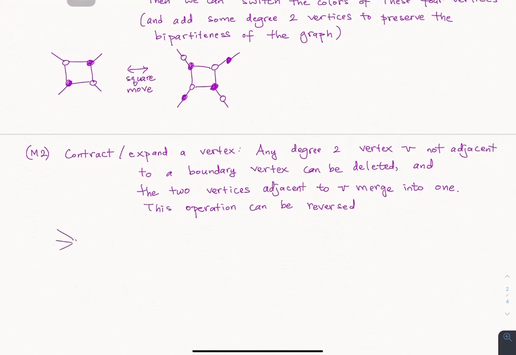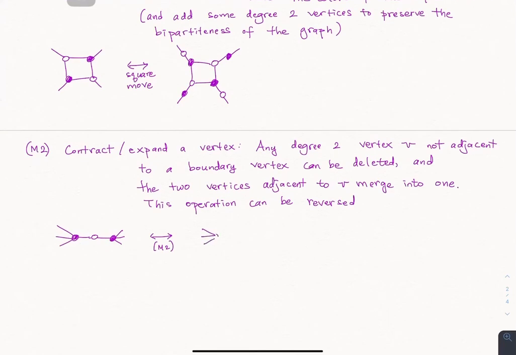So if I have a situation like this, where I have this degree 2 vertex and it's not adjacent to a boundary vertex, then I can apply the M2 local move, where basically this vertex is deleted and then the two vertices adjacent to this white vertex are glued together to become one vertex.